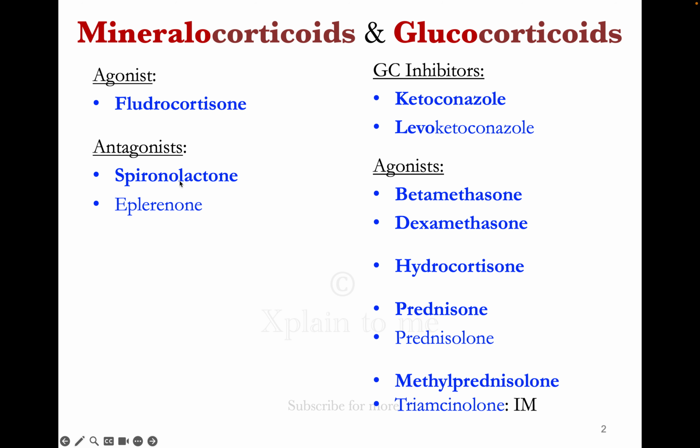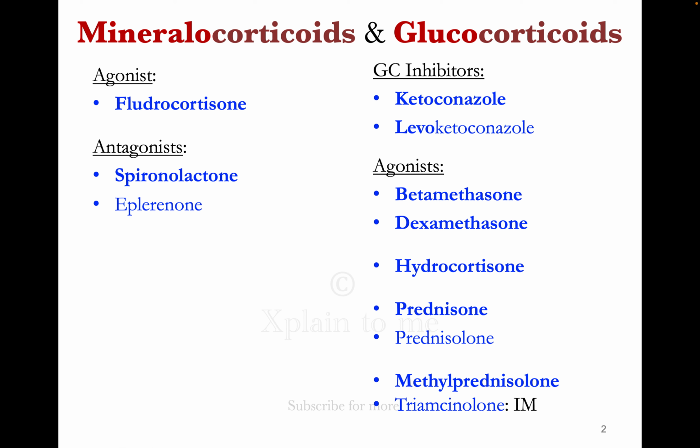This drug actually has different mechanisms in different organs. Specifically in the kidney, it is effective as a potassium sparing diuretic. In the kidney, it is going to inhibit sodium reabsorption, but retain a lot of potassium.